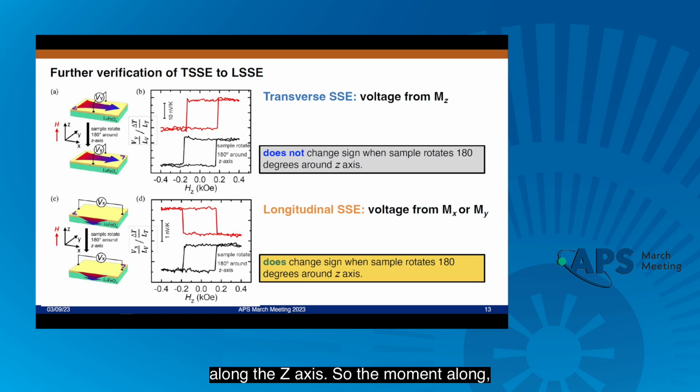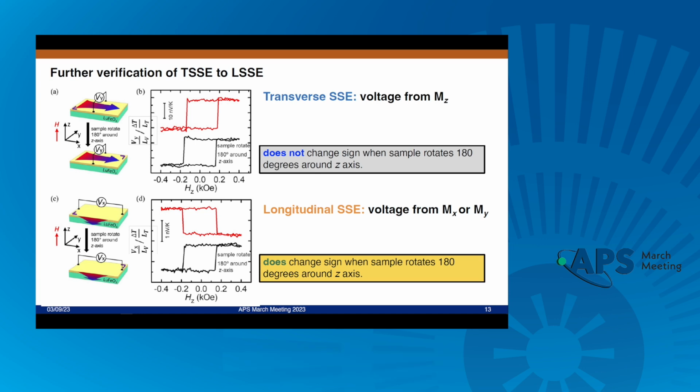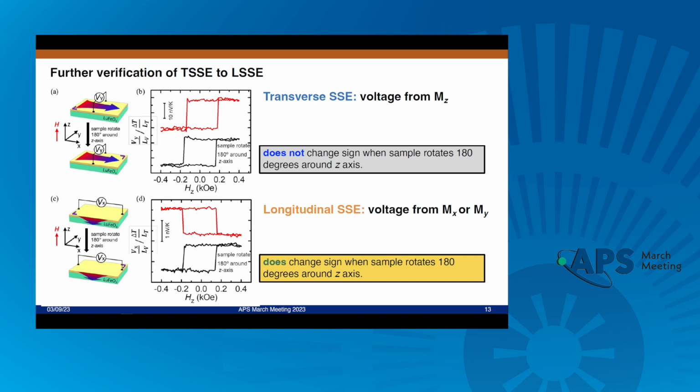For the transverse spin Seebeck effect, the moment is from z. If you rotate the sample this way, it does not change sign. So if you measure the thermal voltage, we're not expecting to see a change of sign. And that's indeed what we observed here.